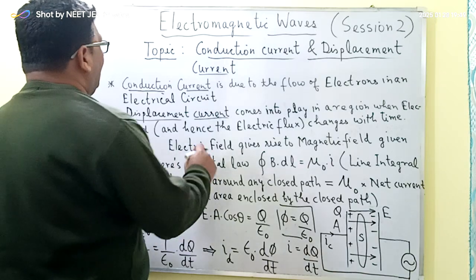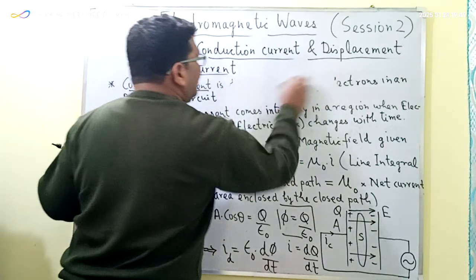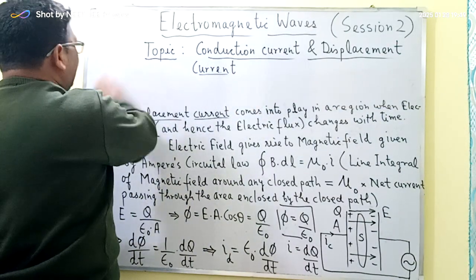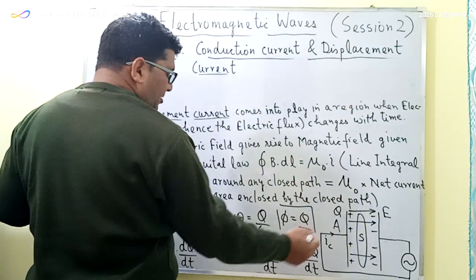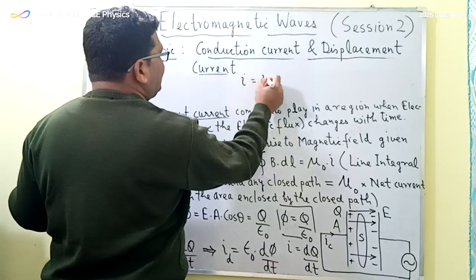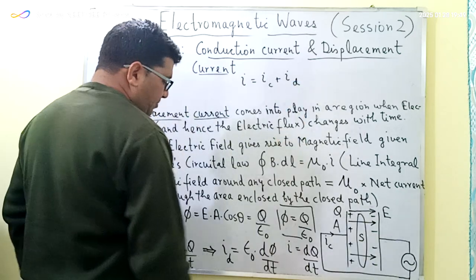So I can simply say that the total current in an electrical circuit, in this case I, will be equal to IC plus ID, where IC is the conduction current and ID is the displacement current.